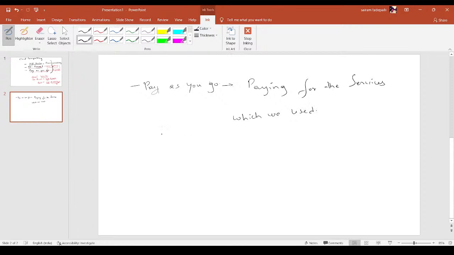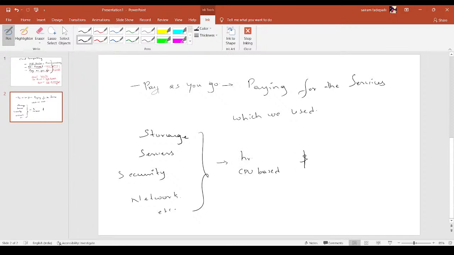We have different services like storage, servers, security, network, etc. So many services will be there. For each and every service we have an hourly rate or CPU based rate, in dollars.